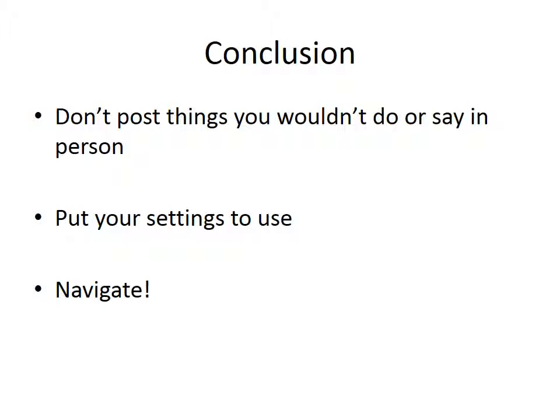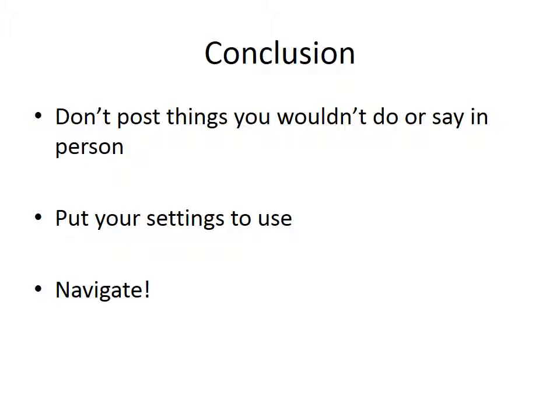Another thing is to put your settings to use. There's a whole bunch of settings in all of these. If you want to make your pictures better on Instagram, use your filters. If you really are getting bullied by people, just use the report and use the block. And the last thing is navigate.